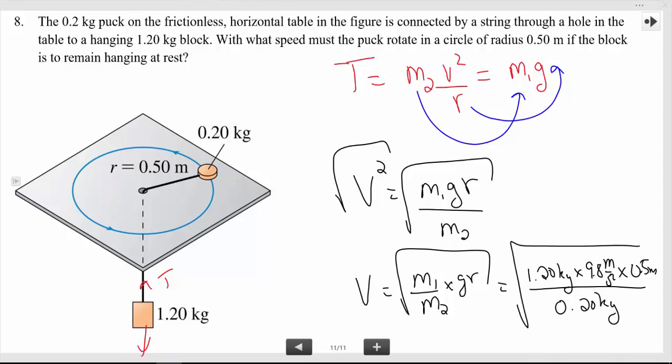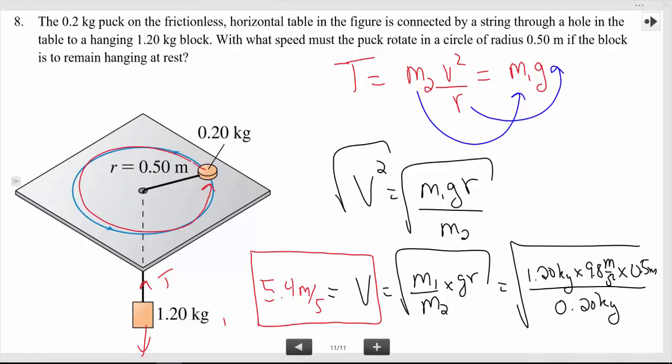So all we have to do is punch that correctly into our calculator, and that will determine what speed this object must be rotating so that the tension equals the weight of the hanging mass. And that works out to be right around 5.4 meters per second. And that's how fast the puck must rotate in order to keep this hanging mass stationary.